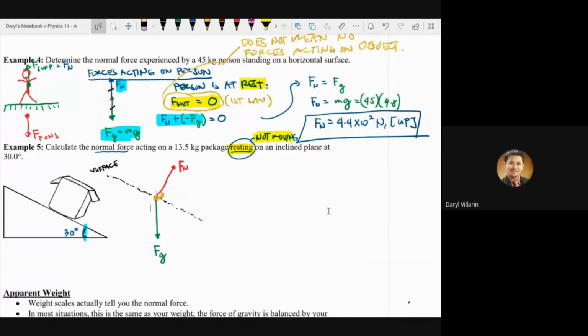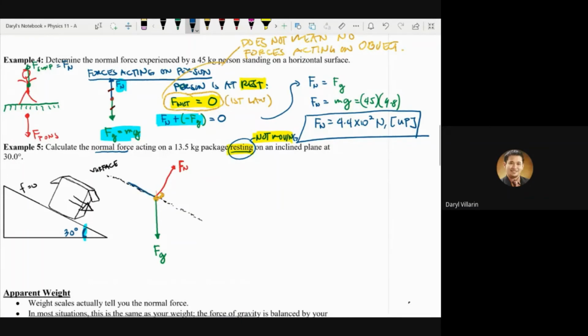Okay, yeah. Because remember, friction's direction is parallel to the surface and opposite to the direction of the acceleration, barring any net external force. In this case, if you don't have any friction, this object will be moving downwards. That would be its acceleration. However, since it is resting, there must be some sort of friction, parallel to the surface and opposite in direction.